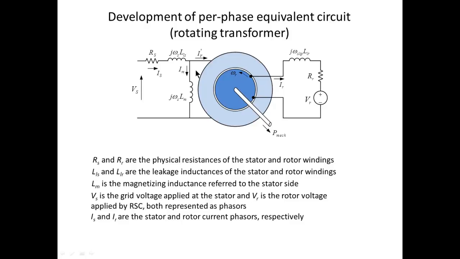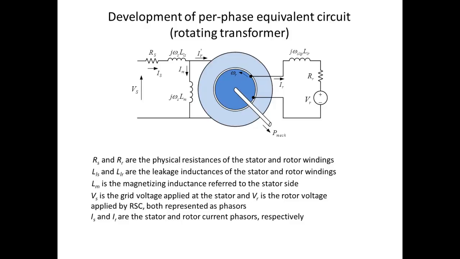This is because of the need for a fairly large air gap to allow the rotation of the rotor. So magnetizing currents in the range of 20-30% is not unreasonable, whereas for a transformer the magnetizing current is usually within the 5 or maximum 10% of the rated current.